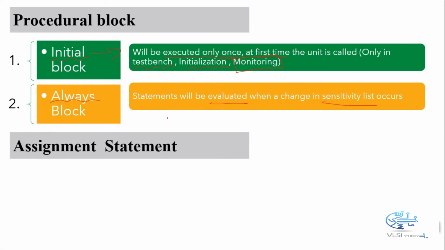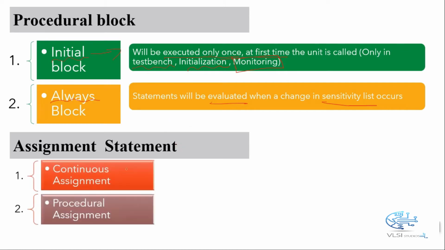There are basically two kinds of statements we can use for assigning a value to a variable. The first one is the continuous assignment statement. It means we assign our variable in a continuous fashion using the reserved keyword assign.